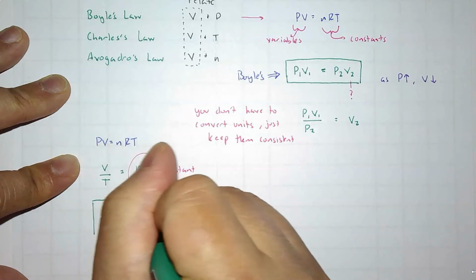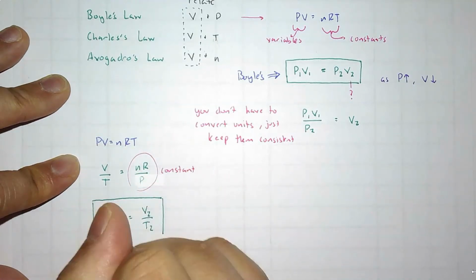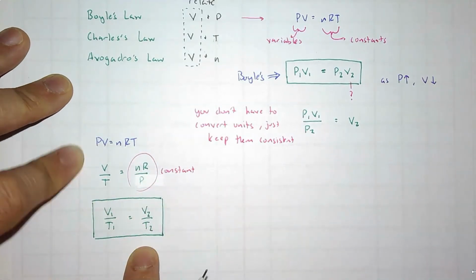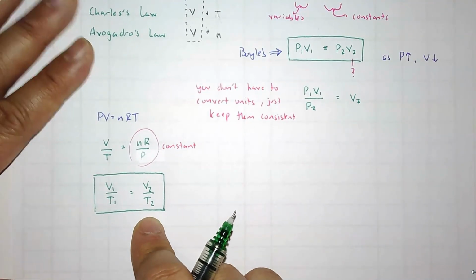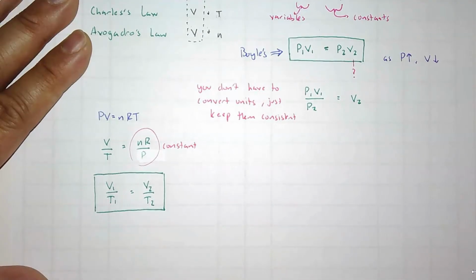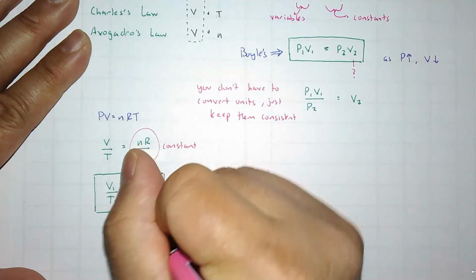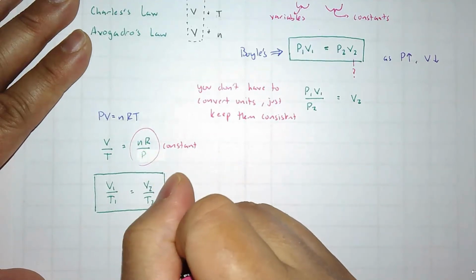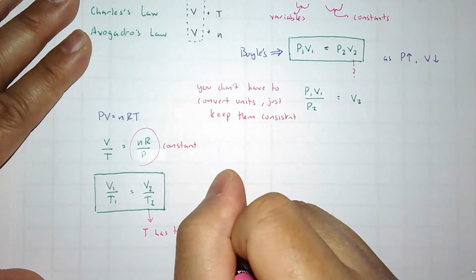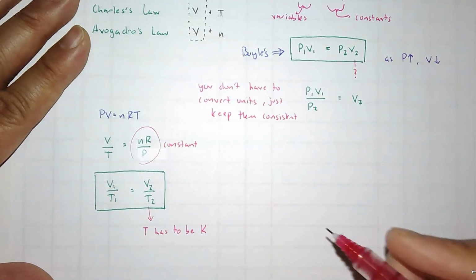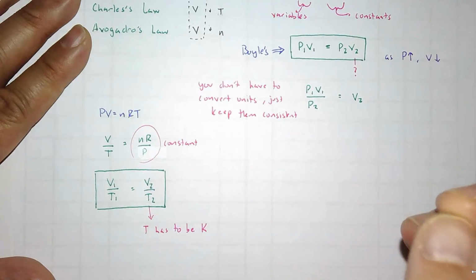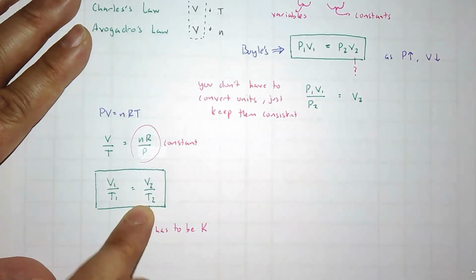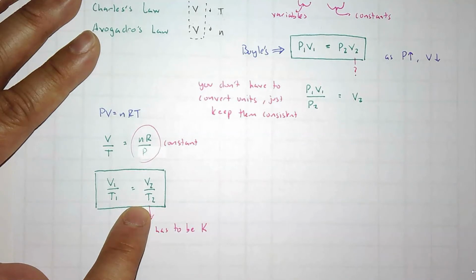Now this is a little bit more strict about the units because we do have to convert temperature into Kelvin if you're given Celsius. That is set in stone. T has to be Kelvin. That's the idea, because on the Celsius scale you could have the degree 0, and anything divided by 0 is not valid.